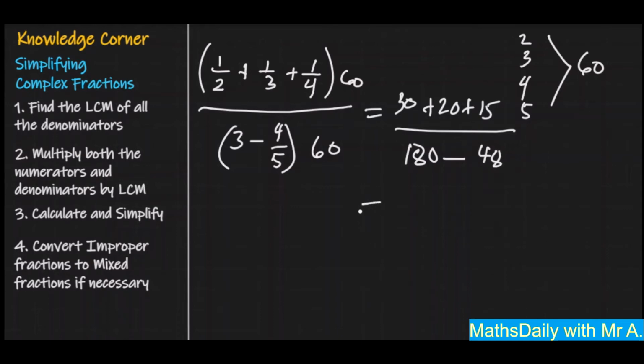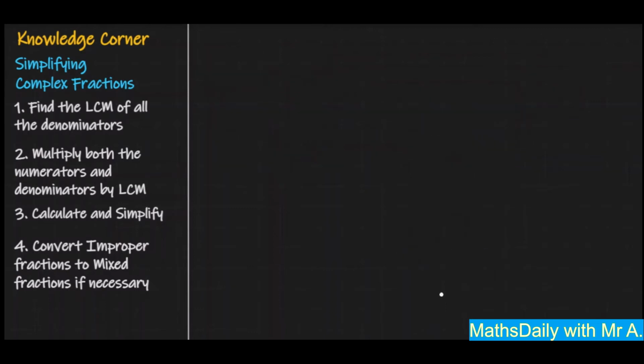Let's calculate. 30 plus 20 plus 15 is 65 over 180 minus 48 is 132. This is our final answer.